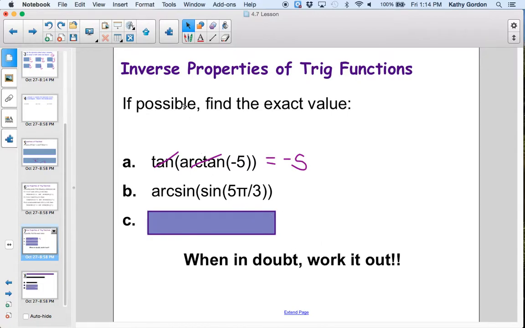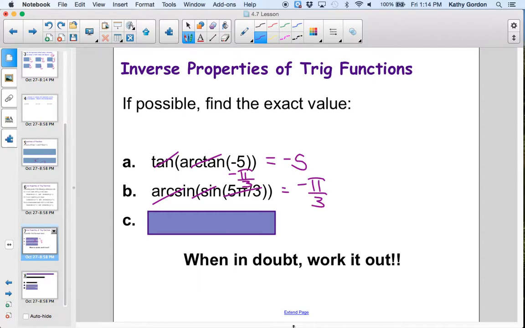Then I'm allowed to cancel, but negative pi over 3 becomes my answer, not 5 pi over 3. So if it's in the fourth quadrant, just switch it to what it would be as a negative, and then canceling works again.